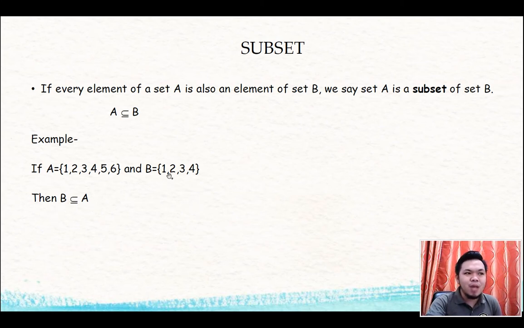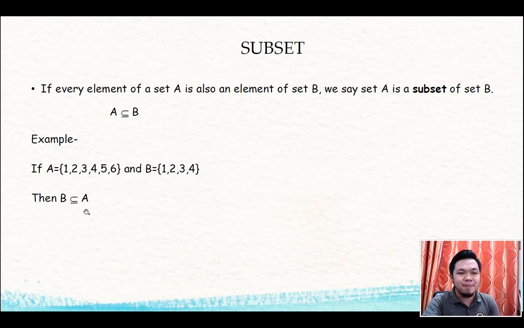Kasi po, si 1, 2, 3, 4 ay bahagi lamang ng 1, 2, 3, 4, 5, and 6. Kaya po, subset. Kaya po, pag halimbawa, nakalagay dito ay sa A ay 1, 2, 3, 4 at sa B naman ay 1, 2, 3, 4, 5, 6, ang sulat natin ay then A is a subset of B.